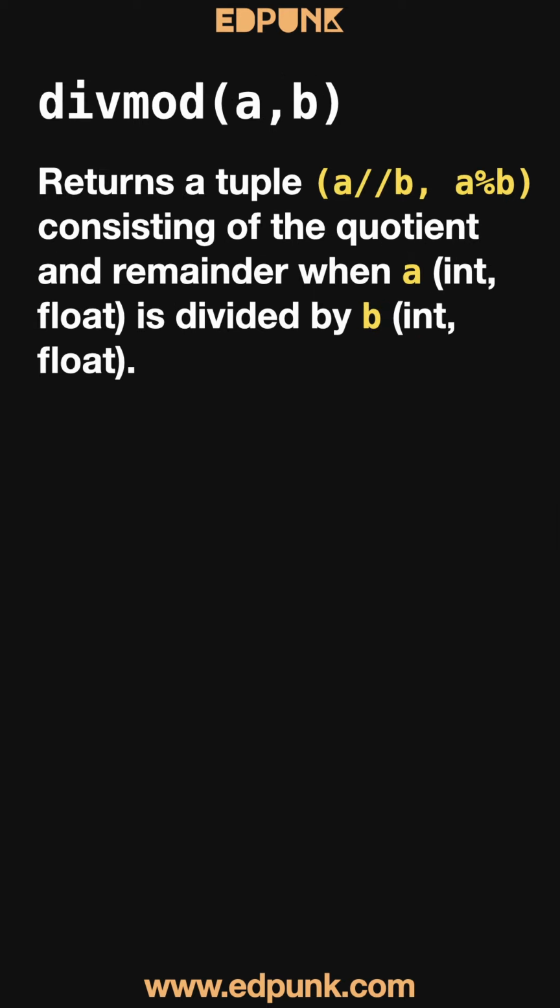Moving on to the last function, the divmod function accepts two numeric arguments a and b and returns a tuple containing items a floor divided by b and a mod b, which represents the quotient and the remainder respectively when a is divided by b.